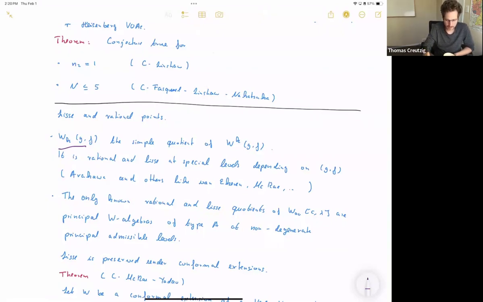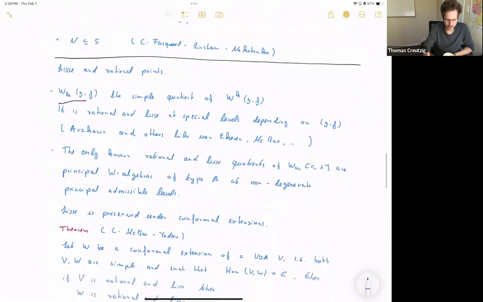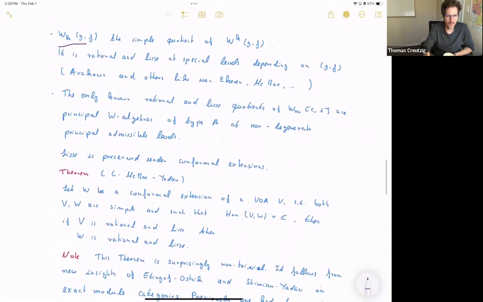Now, I've been quite bothered with the rationality of VOA extensions, because you would think that should be an automatic textbook theorem from 20 years ago, right? The theorem I write down here: let W be a conformal extension of a VOA V, maybe with some niceness properties. Here I only require that they are both simple.